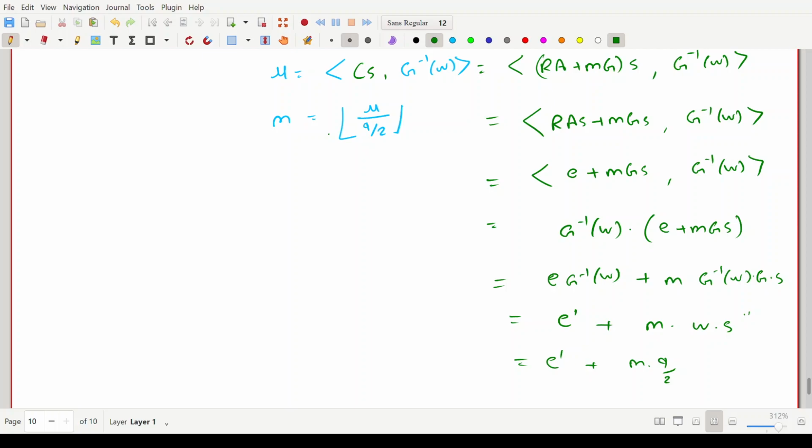So to decrypt, I just have to divide by Q by 2 and take the greatest integer of that. We will get the message M. This is your value of mu.